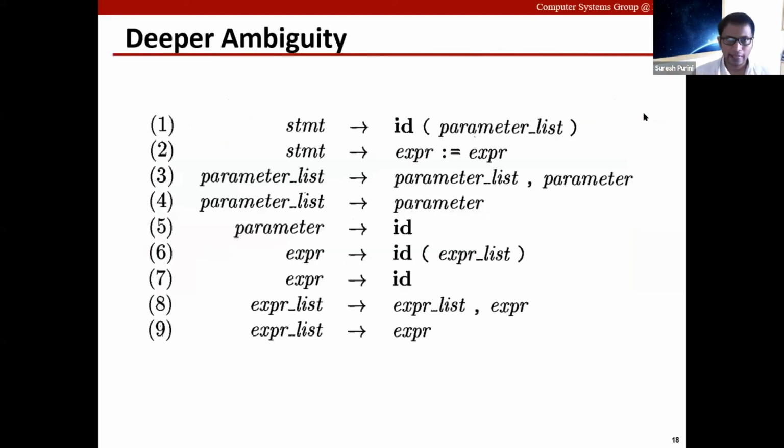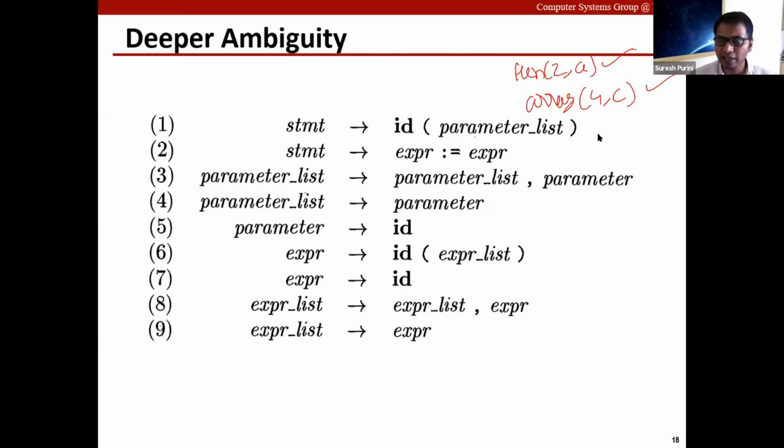Now let's look at a couple more examples of ambiguity before we wind up this class. Let's say there is a programming language in which you write fun(2, A) and array(4, C). Here, one is a function call and the other is an array access. We are not using square brackets.